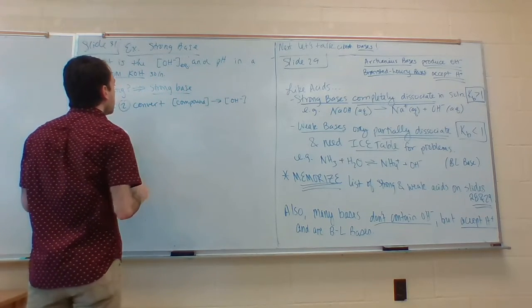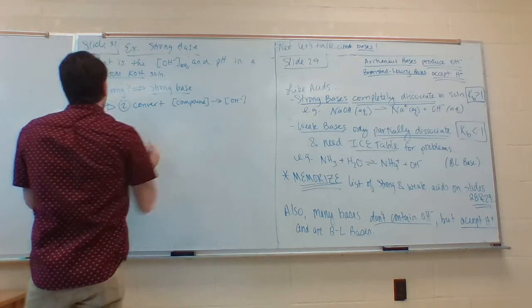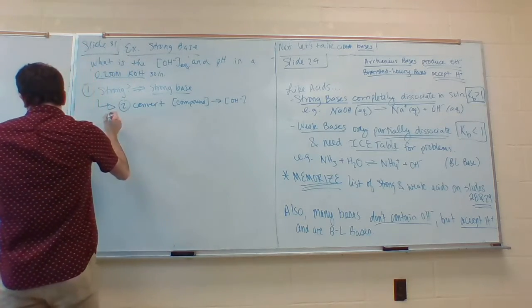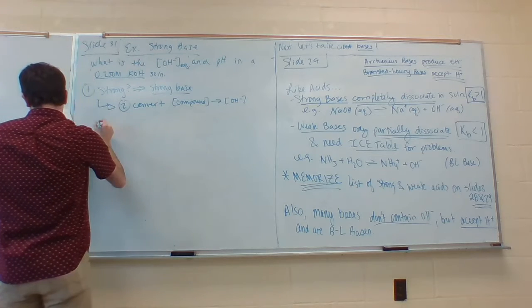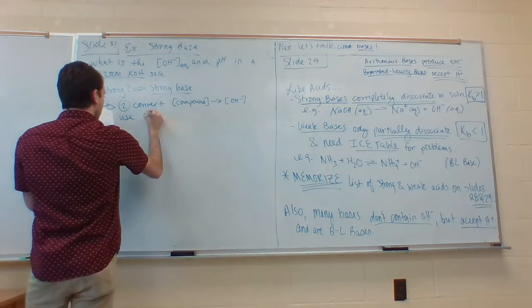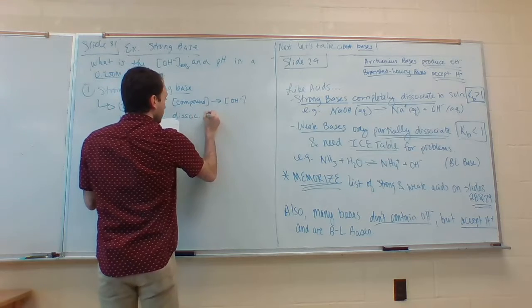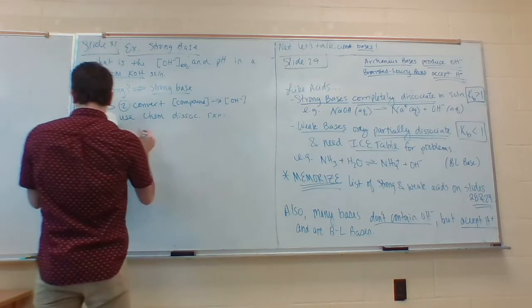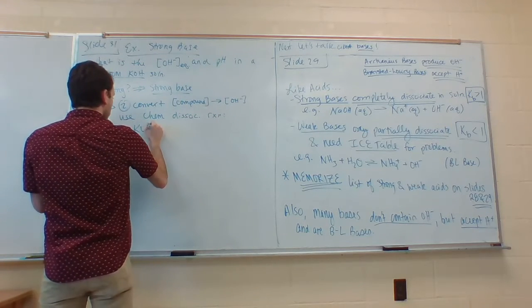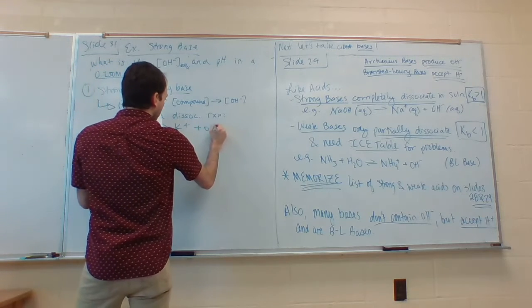So we've got our concentration of OH minus. And then we are going to use our chemical dissociation reaction, which is KOH goes to K plus and OH minus, right?